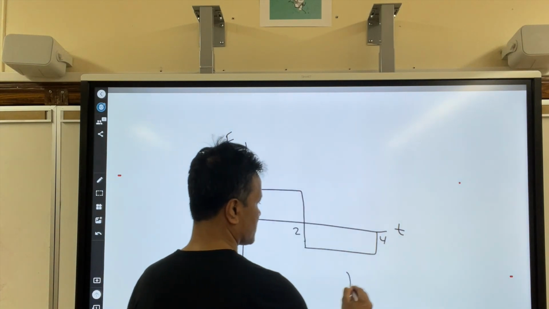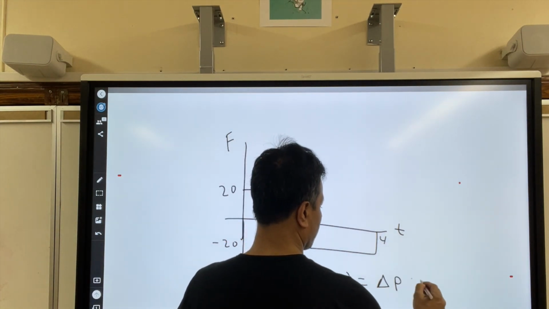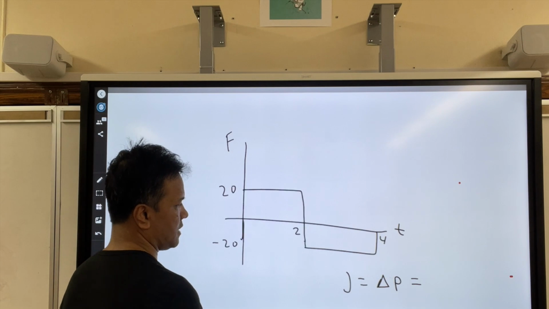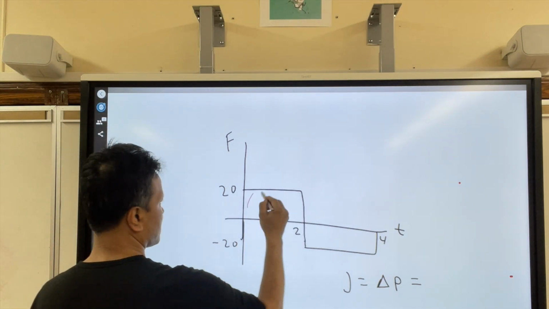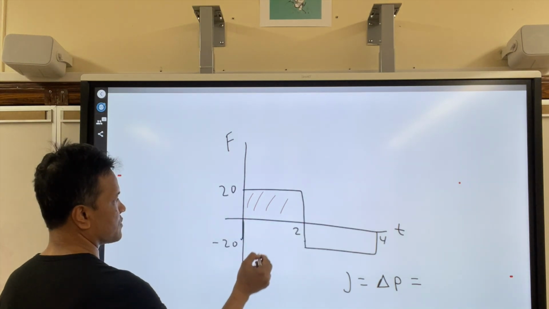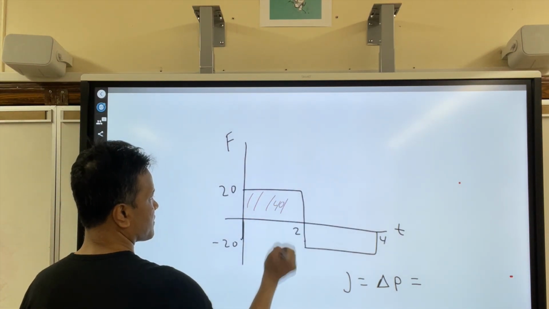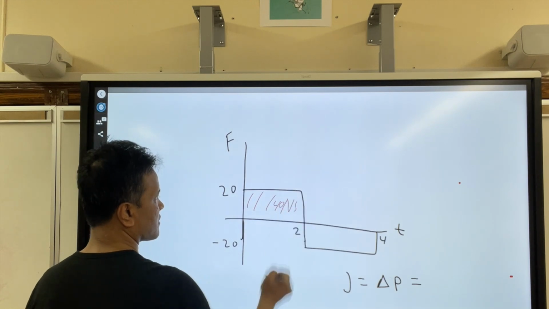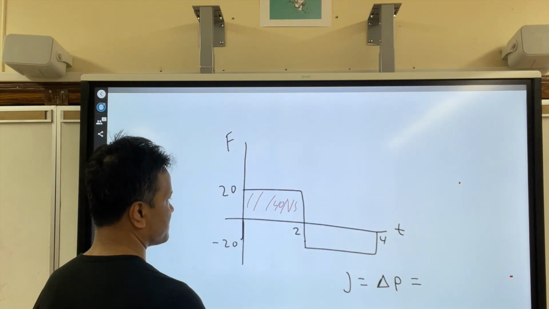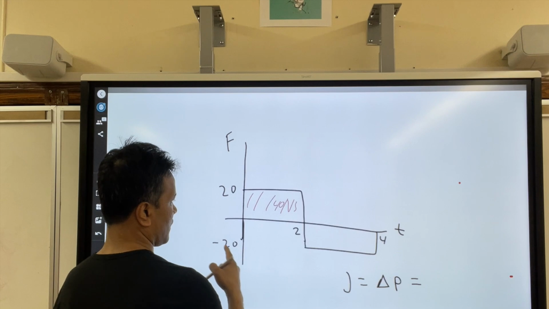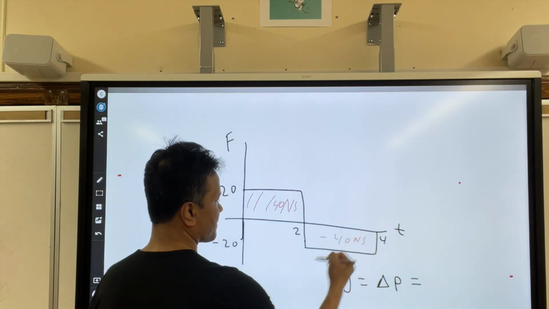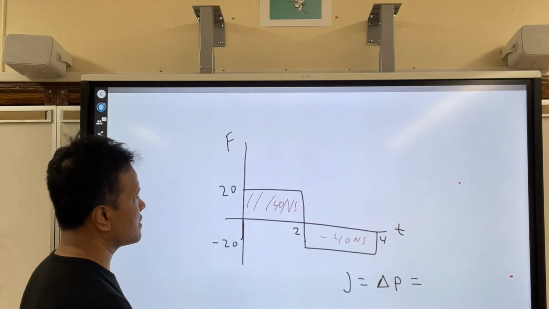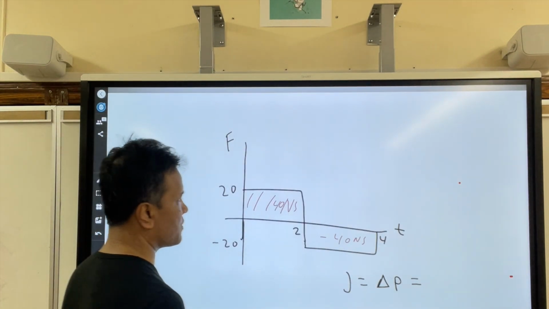What is impulse? Or delta P? Okay, let's see. What is impulse here? 20 times 2 is 40. What is impulse here? Negative 20 times 2, negative 40. Alright, so what is change in momentum? Zero.